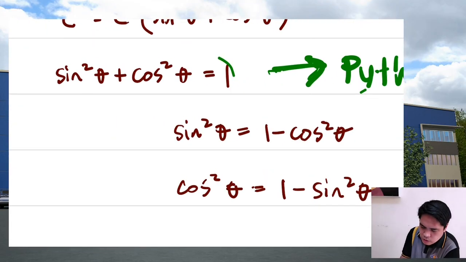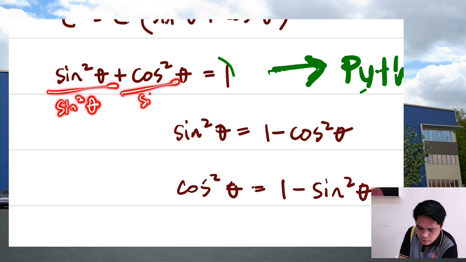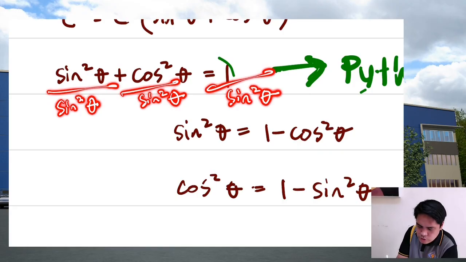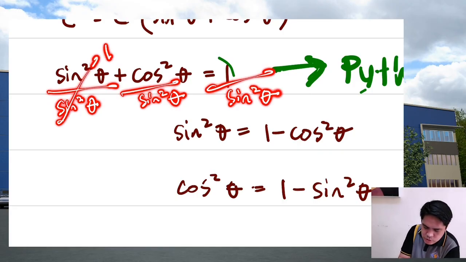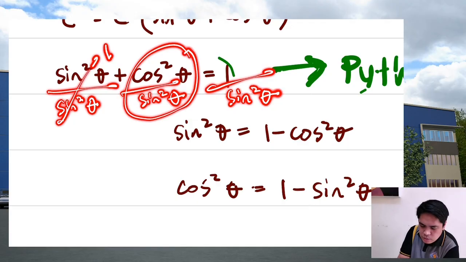So, balikan natin ito. So, we have sine squared theta over sine squared theta. Suppose we divide all terms by sine squared theta. So, therefore, we have this as 1. Ito naman is the reciprocal of tangent squared, right? Or this is cotangent squared.